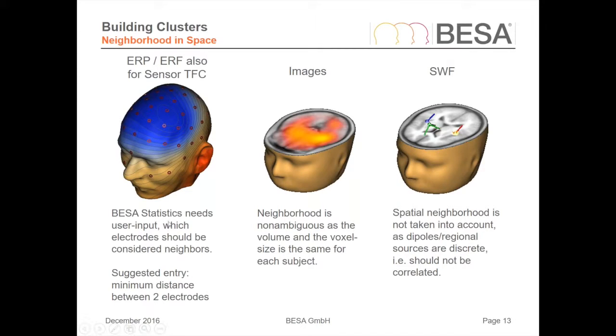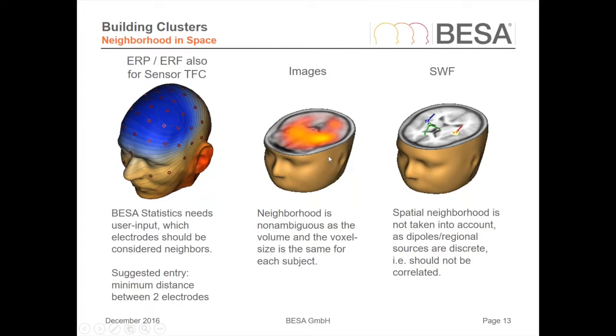In this case, BESA Statistics needs some user input. Which electrodes should be considered as neighbors? We want to have a minimum distance value between two electrodes and sensors so that we can define a neighborhood relationship here. These values can differ between electrode caps and MEG systems, so you will put in a little bit of knowledge about your system here.